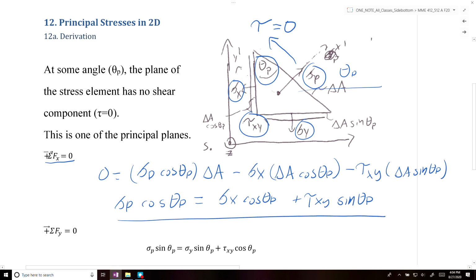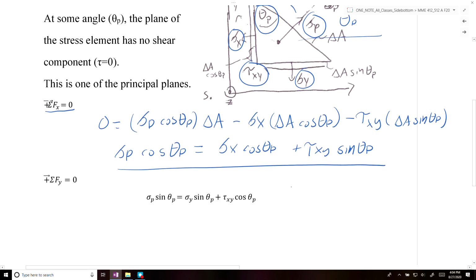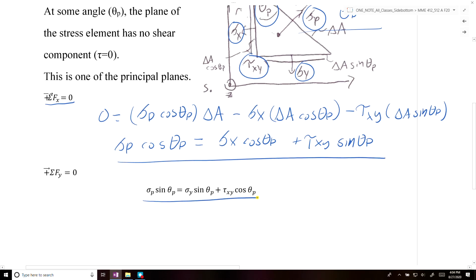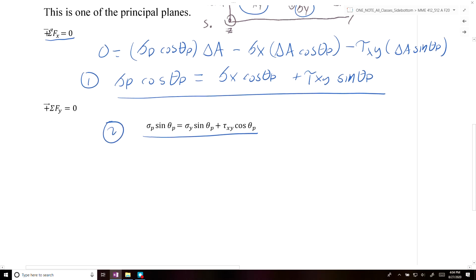If we did the same thing and summed all of our forces along the y-axis, we'd end up getting this equation here. These are the same steps that we did in the last few videos. The only difference is that now the tau x prime y prime term from last time, we're setting equal to 0.